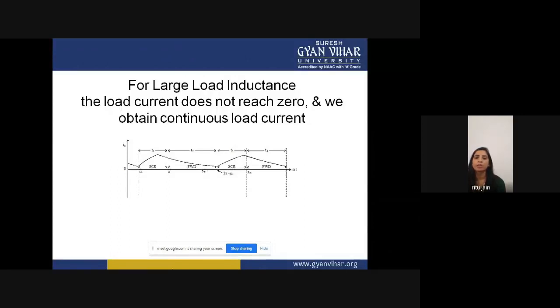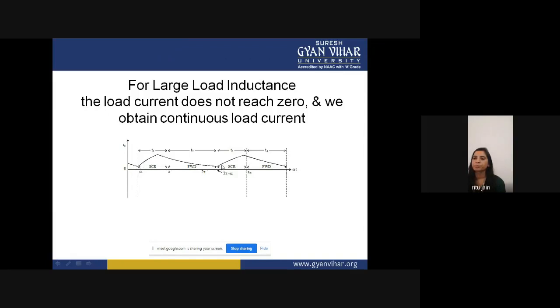But continuous load current means that the value of current must not be zero at any cost. If you want continuous load current, you have to connect one freewheeling diode in the circuit. In this waveform, at point alpha you trigger the SCR and current starts to increase. It must be zero at pi, but it is not; it is extended.